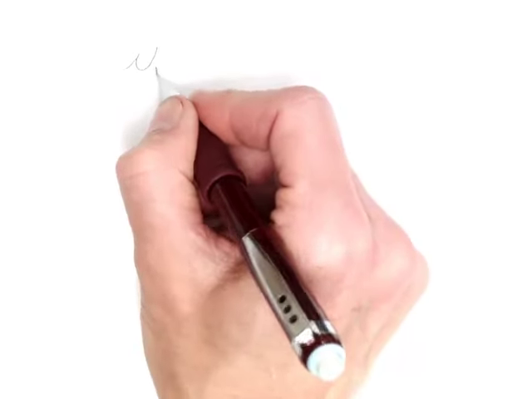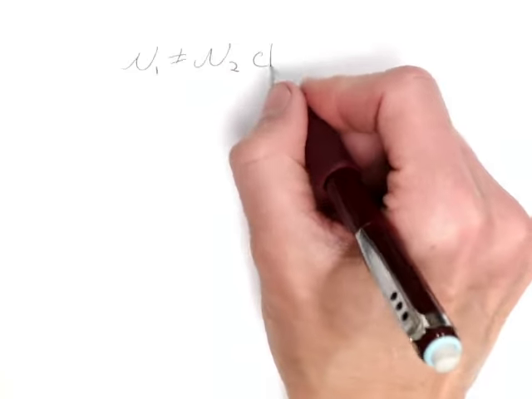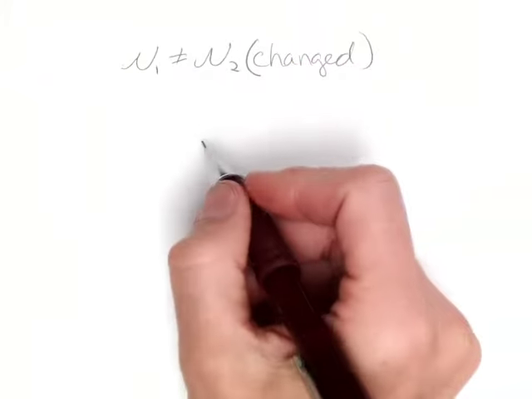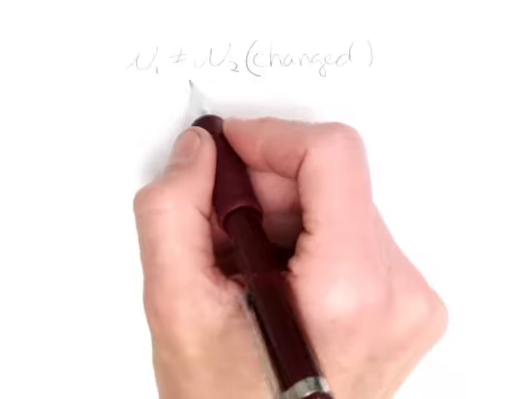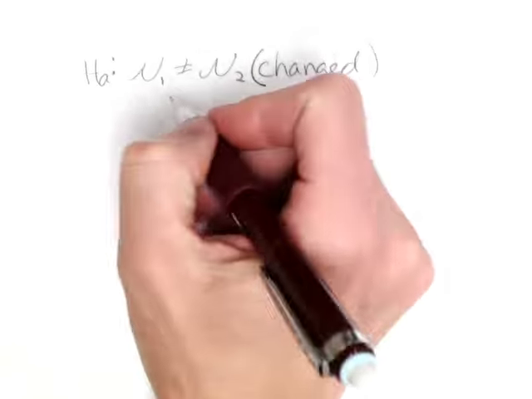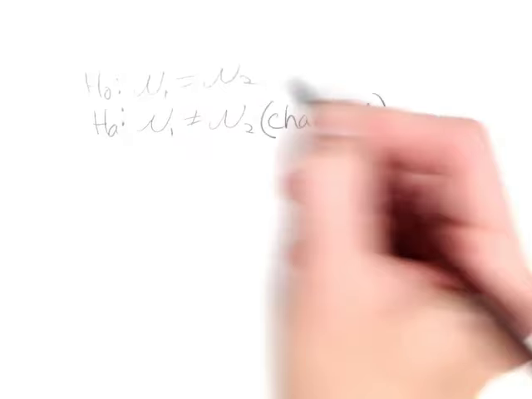So that would be mu sub 1 not equal to mu sub 2. Because this does not contain the case of equality, this is the alternative. So this forces the null to be mu sub 1 equal to mu sub 2.